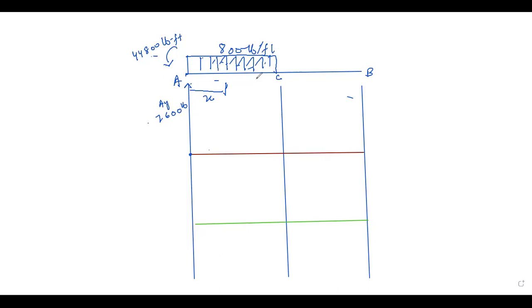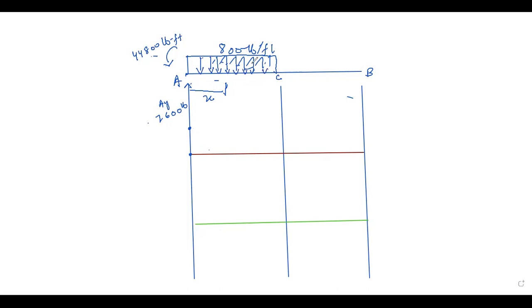From here to here we have a UDL. We start from the zero line. So first we have an upward force of 7600. It's here. Then we have the UDL from this point to this point, which is acting downward. So we subtract the area of this UDL.